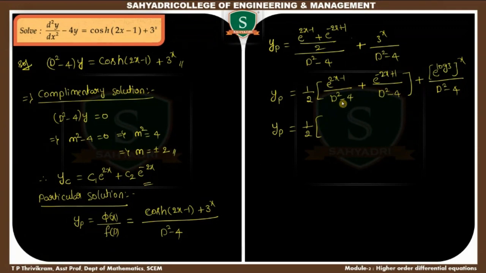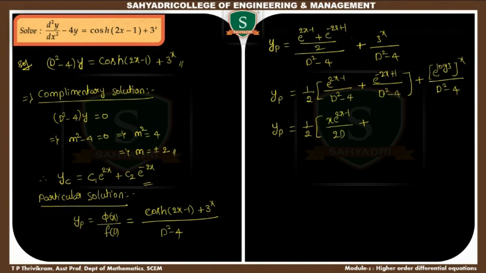So for that sake, what I have to do is multiply by x and differentiate the denominator with respect to d. So what happens? X e power 2x minus 1 divided by the derivative, how much will you get? 2d with respect to d. Next, plus here also, if you substitute minus 2 in d square minus 4, you'll get 0.